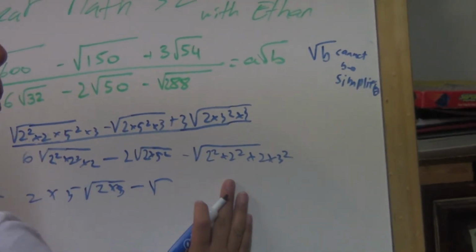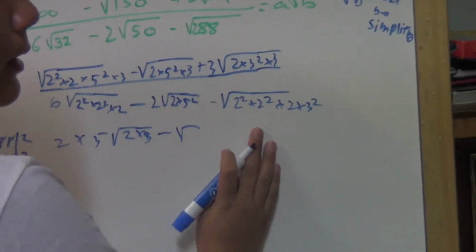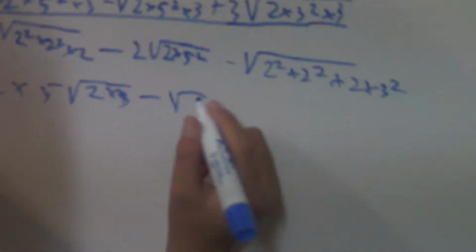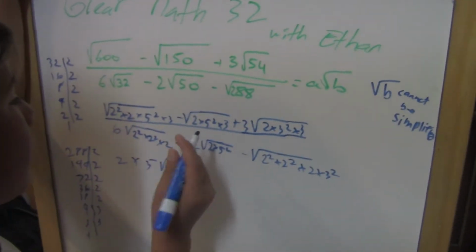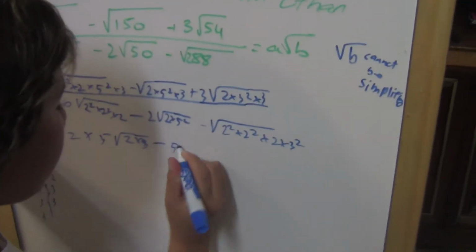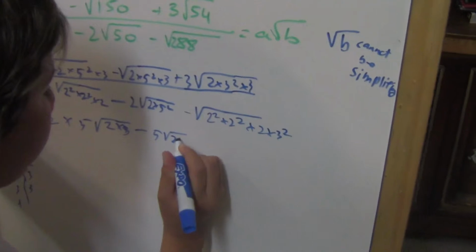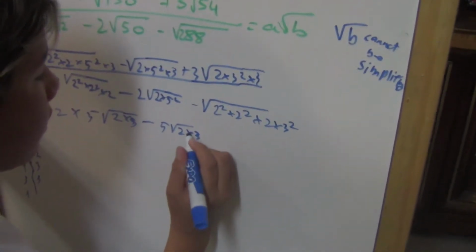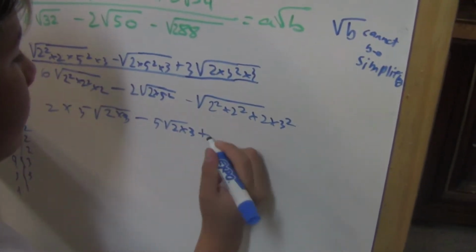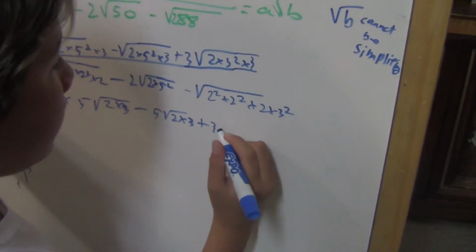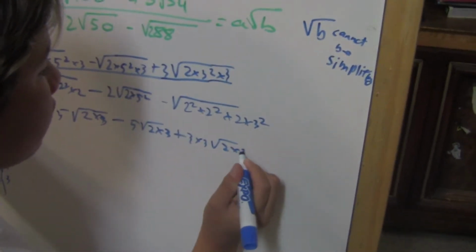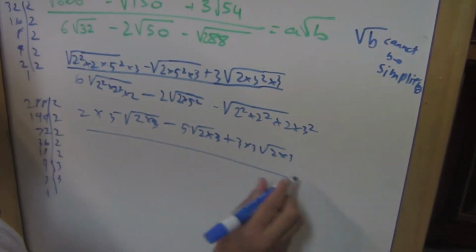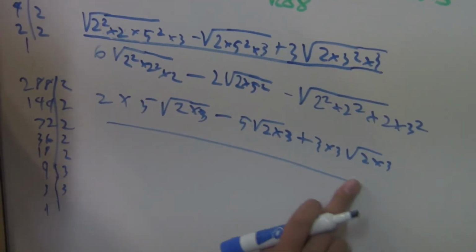Anyways, next one is 5 times the square root of 2 times 3 plus 3 times the square root of 2 times 3. See anything familiar in these? You guessed it.